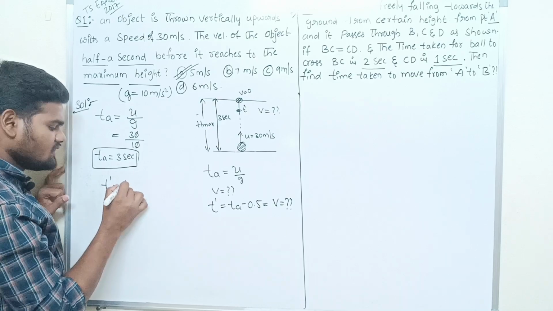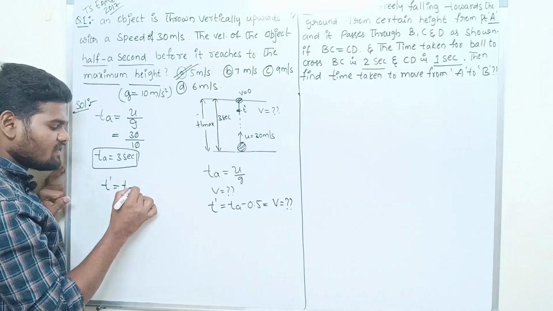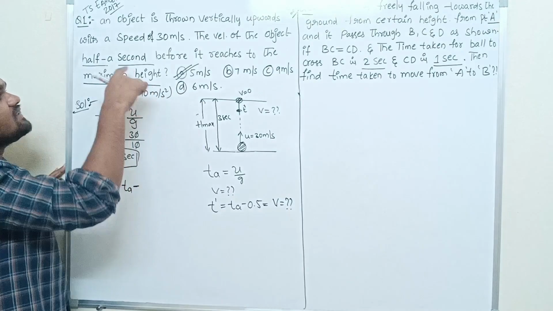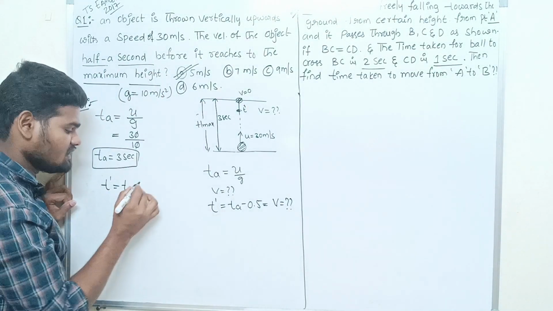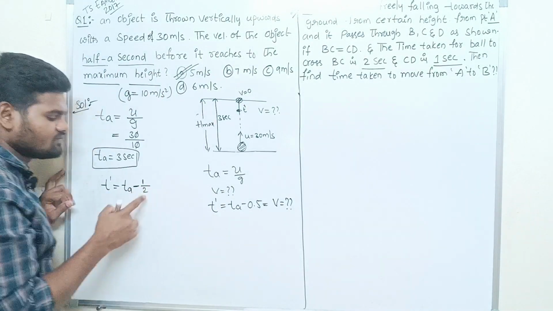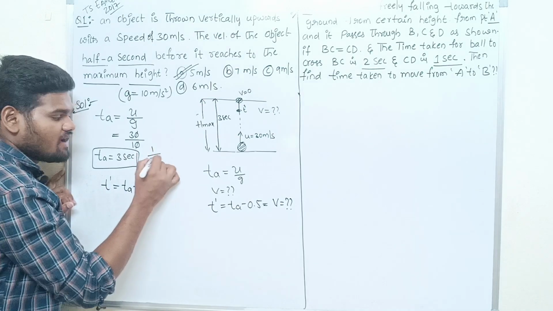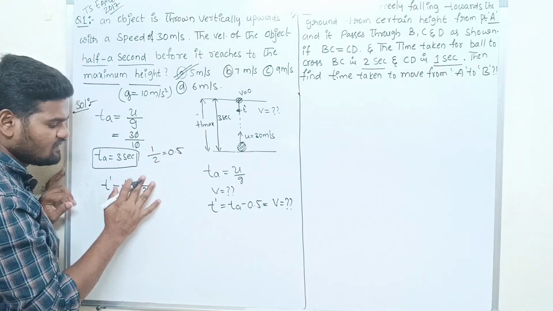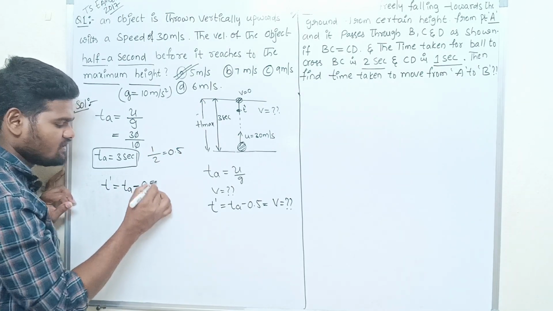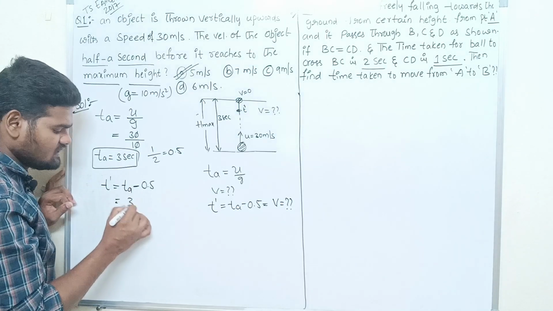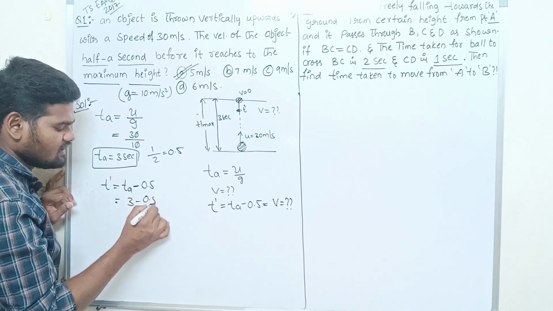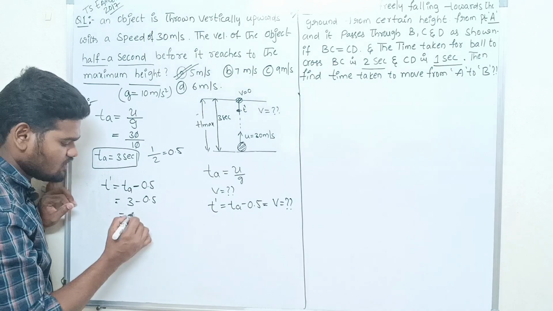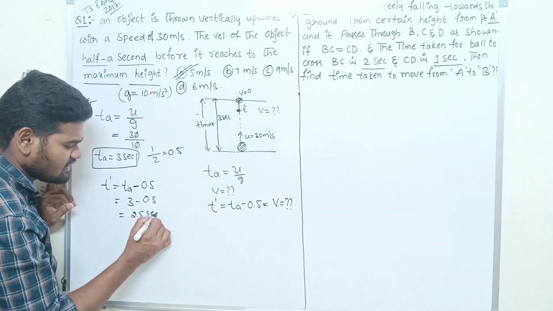The total time is the time of ascent. Before half a second, half means 1 by 2, which is 0.5. The time of ascent is 3 seconds minus 0.5, that is 2.5 seconds.